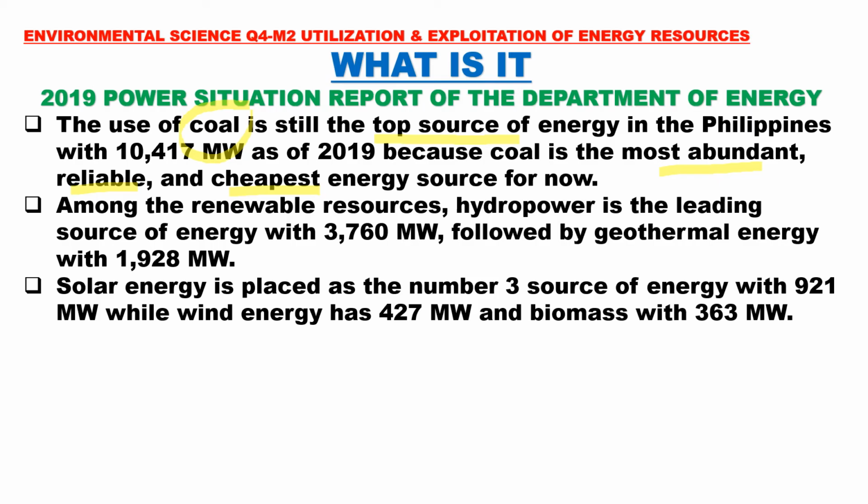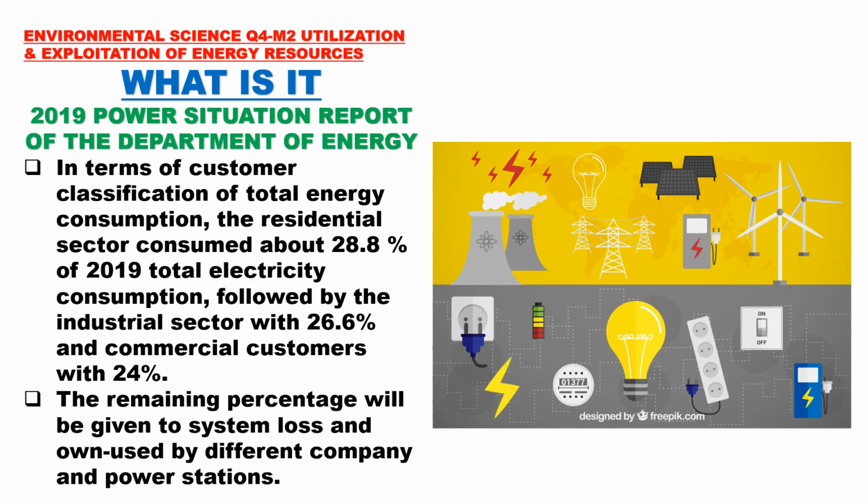Among the renewable resources, hydropower is the leading source of energy with 3,760 megawatts, followed by geothermal energy with 1,928 megawatts. Solar energy is placed as the number 3 source of energy with 921 megawatts, while wind has 427 megawatts and biomass with 363 megawatts.